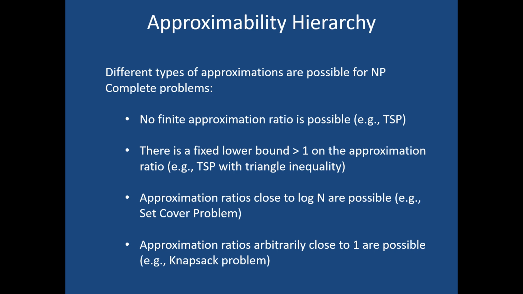Sometimes you can have a fixed constant bound, 2 in the case of the traveling salesman problem with the triangle inequality. Sometimes the approximation ratio depends on the size of the problem, so you might have a ratio of log n. That's possible in the set cover problem. And for some problems you can make the approximation ratio arbitrarily close to 1. The knapsack problem is an example. We'll look at a couple of those.